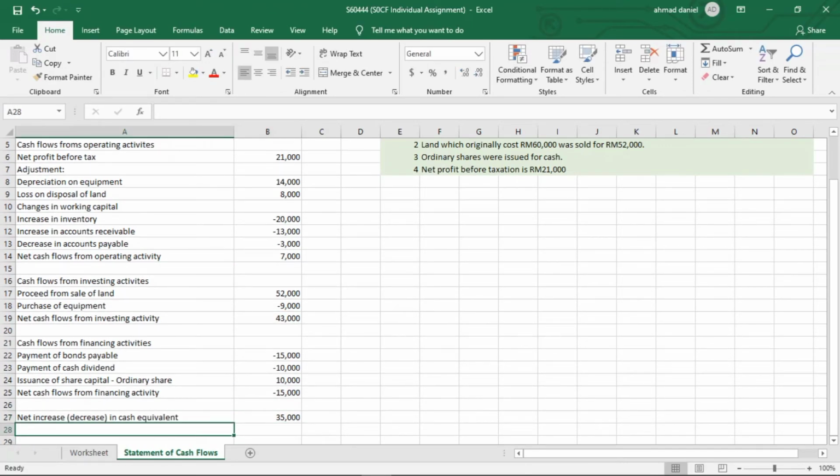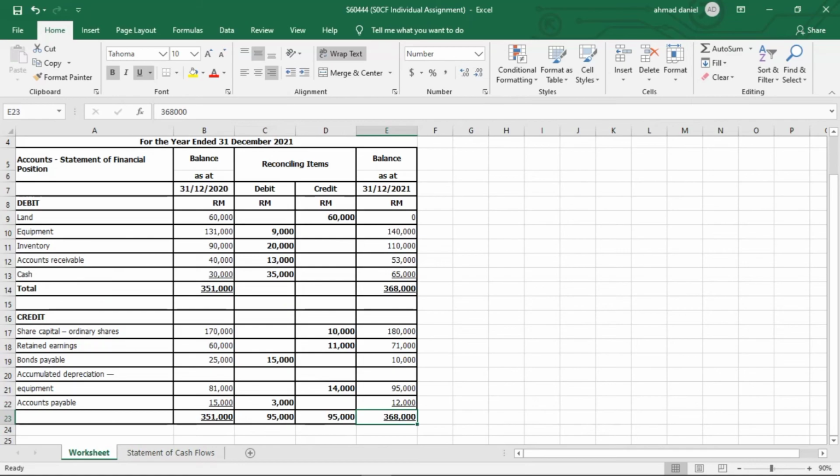So we got a net increase in cash equivalent. At the beginning of the year, we will take the cash from the worksheet.